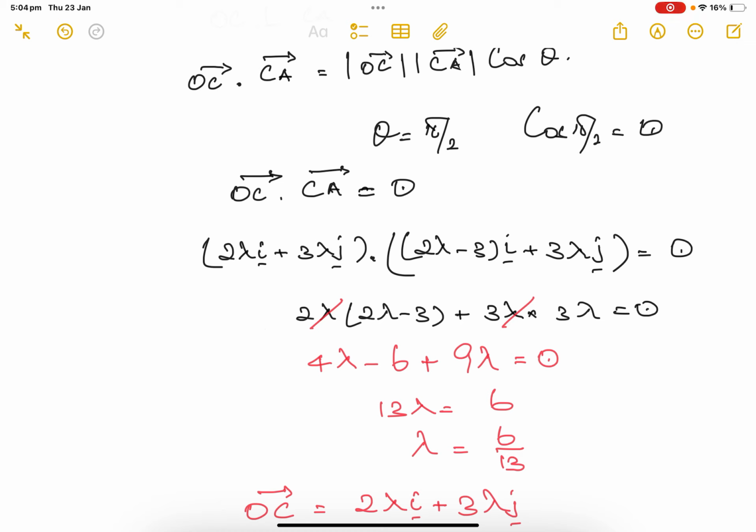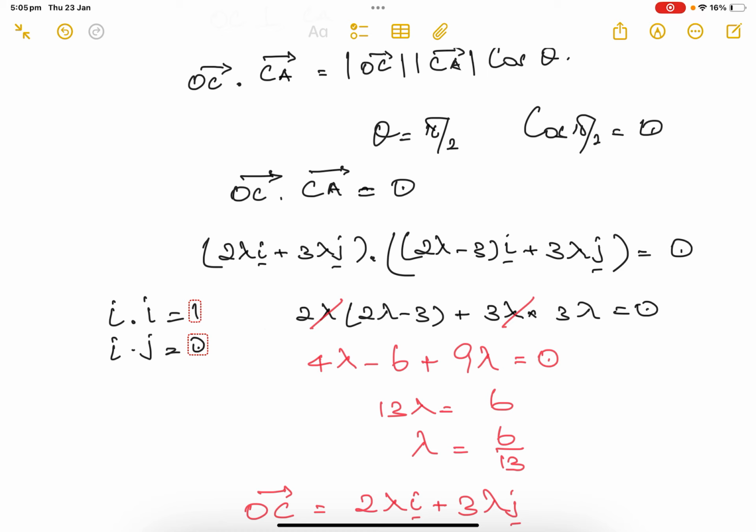Doing the dot product, i dot i is 1, i dot j is 0, so the i dot j terms cancel out, leaving only i with i and j with j.